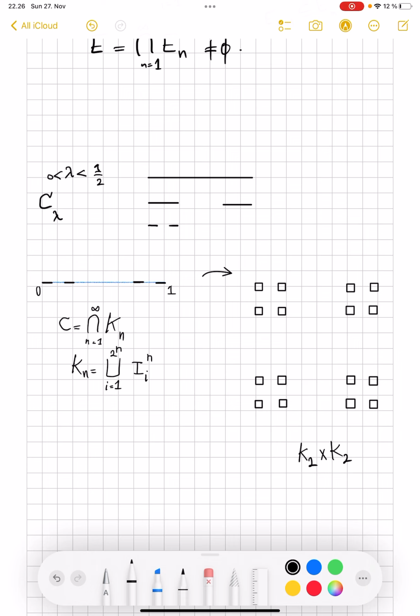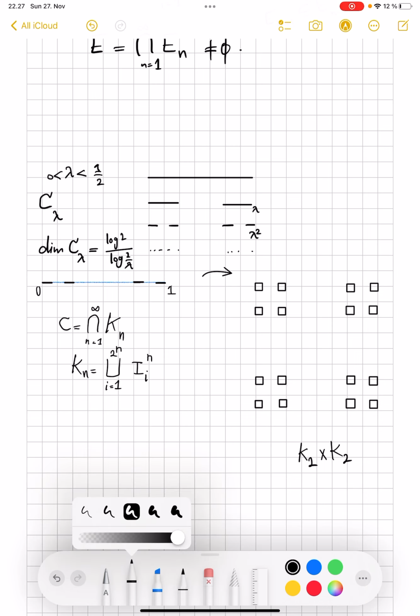So you get this sequence, and then ultimately you get a Cantor set C_lambda. We saw that the Hausdorff dimension, the only dimension I will talk about for now, so I don't put any subscript, is log 2 divided by log 1 over lambda. That's a quick recall of what we had seen previously.